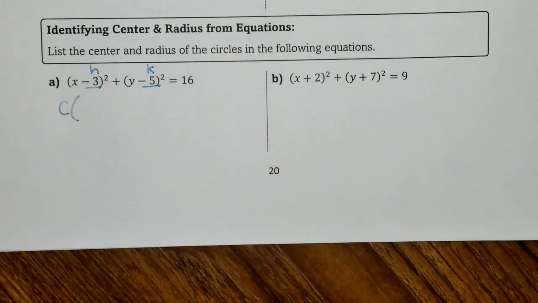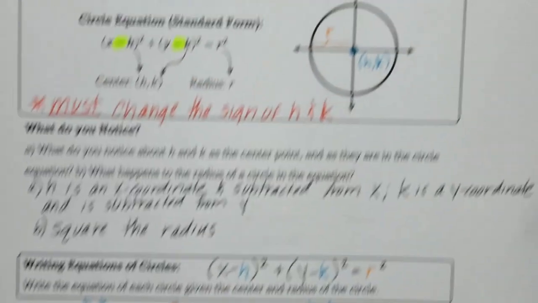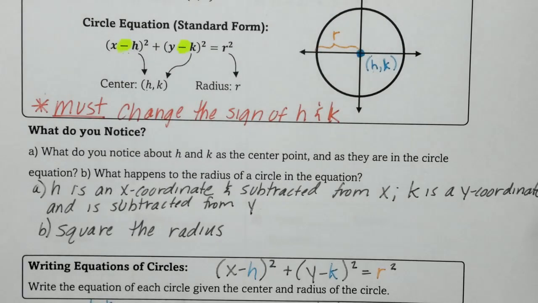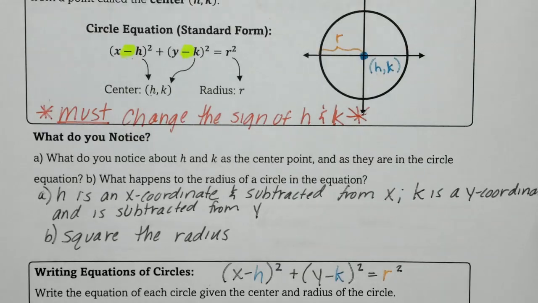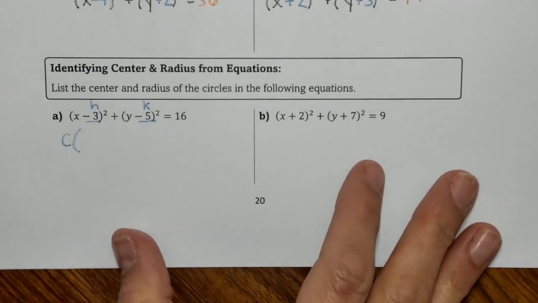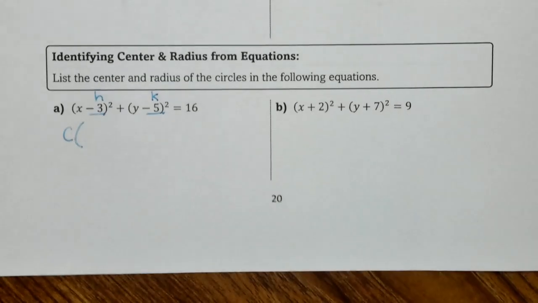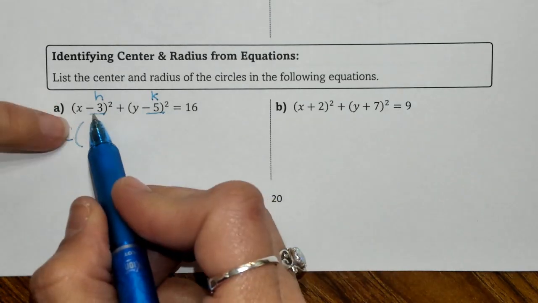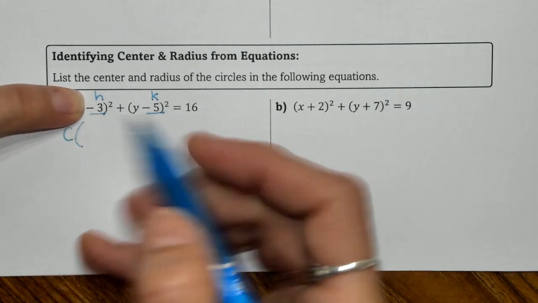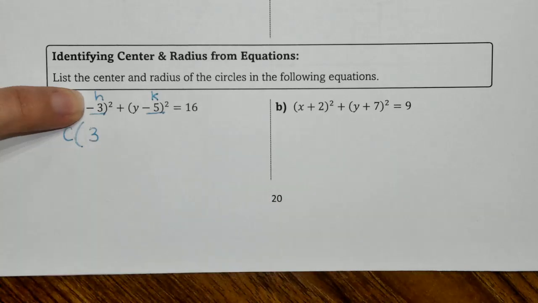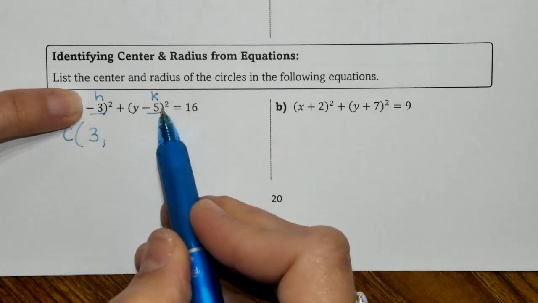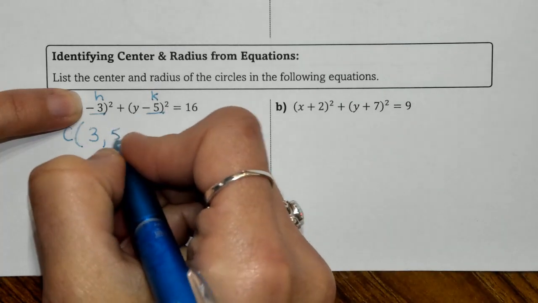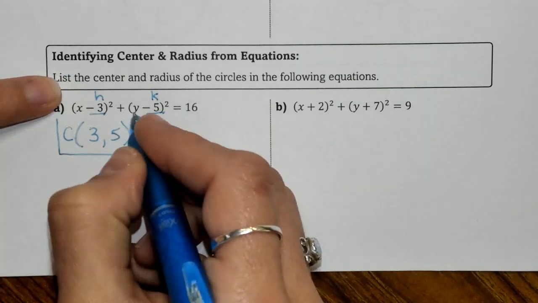Again, no matter which direction we are going, ladies and gentlemen, I cannot bring your attention enough to the top. You must change those signs of the h and k, one of the biggest mistakes made. So with my center, I'm seeing a minus 3, change it to a positive 3. Over here, the k, I'm seeing minus 5, change it to a positive 5, and you have your center.